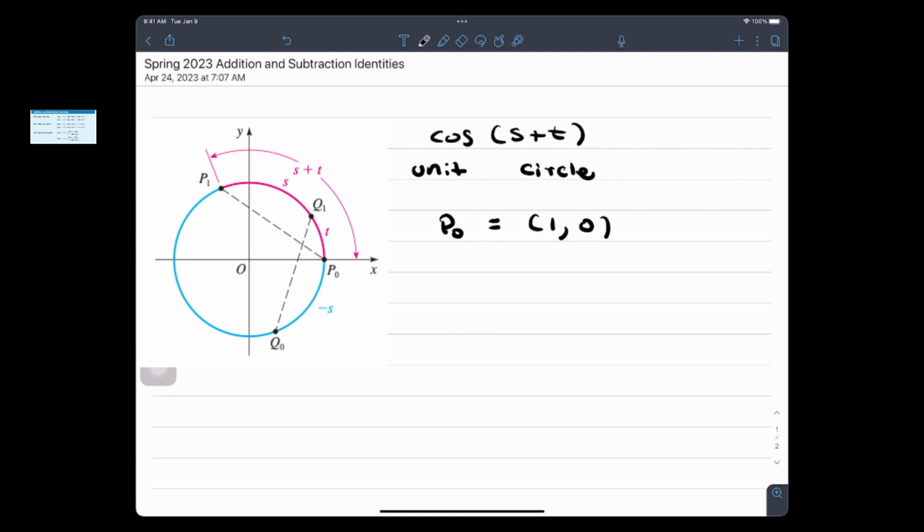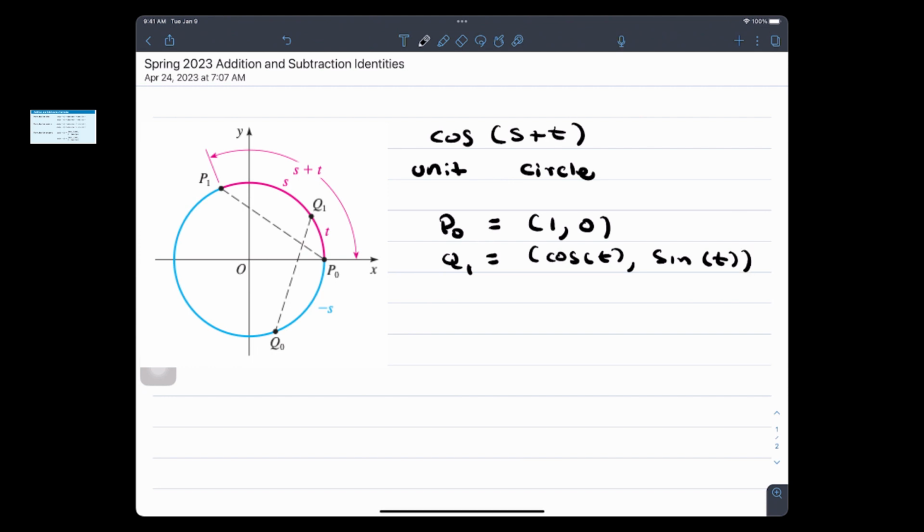Cosine is the x value, sine is the y value. So what that means is I can even define Q1: the x value is cosine of t, and the y value is sine of t.